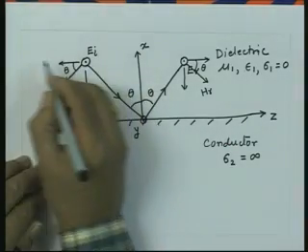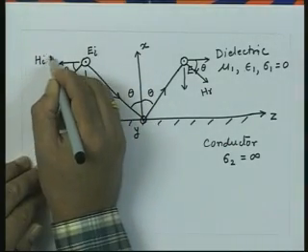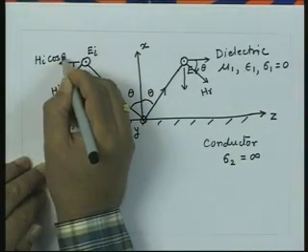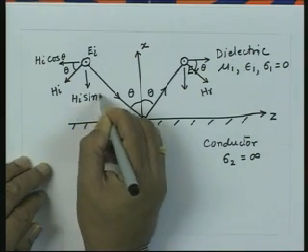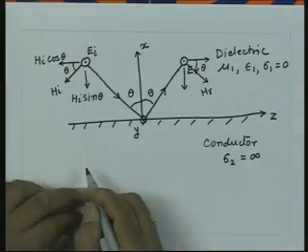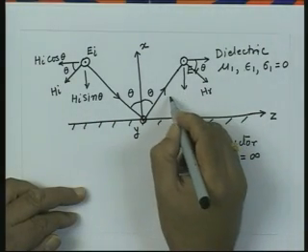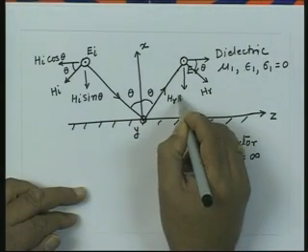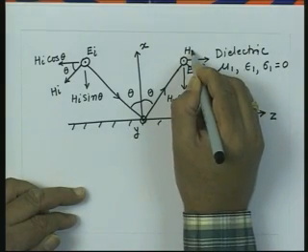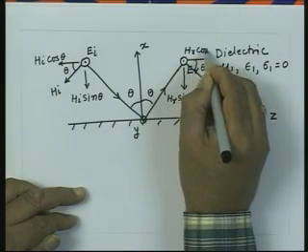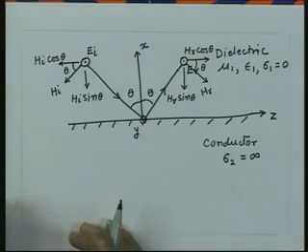This component will be H_I cos theta, this will be H_I sin theta. Similarly, this will be H_R sin theta, and this will be H_R cos theta.